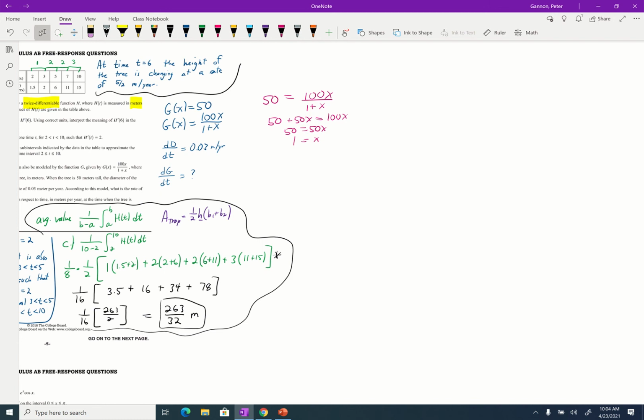So if we go to find dg dt, we have dg dt equal to, we're going to take the derivative of this.